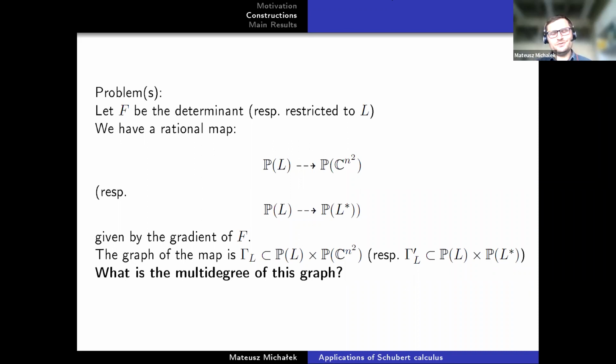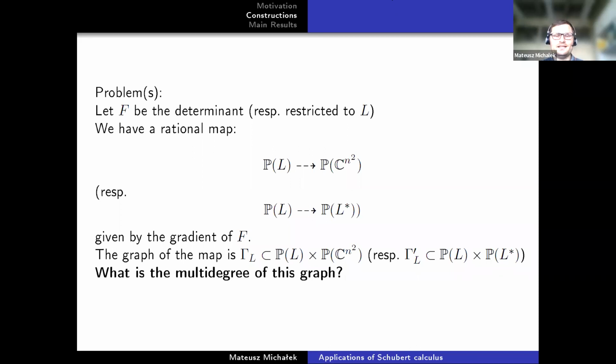Whenever we deal with square matrices, there is one very important polynomial, the determinant. I take this determinant f and I take its gradient. The gradient is a map from my space L to C^(n^2), because I have n by n matrices, so I can differentiate with respect to n^2 variables. On the level of projective spaces, I get a so-called rational map, because it's not defined everywhere.